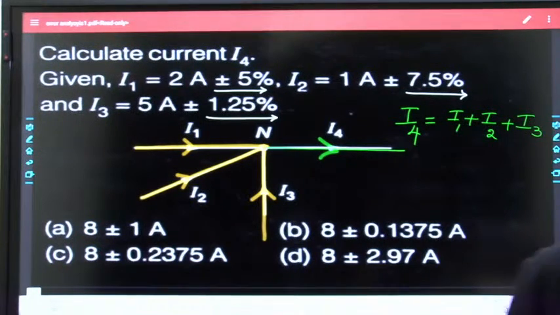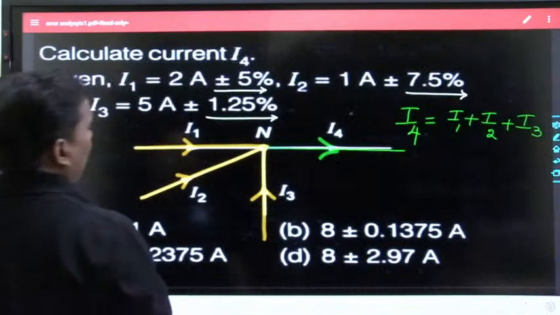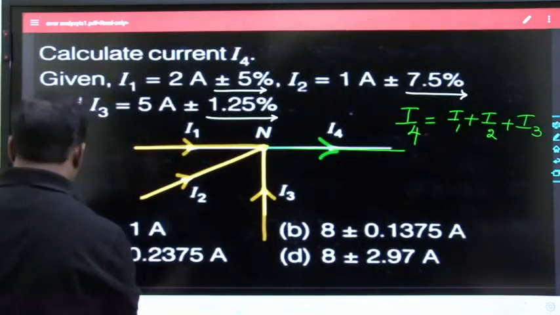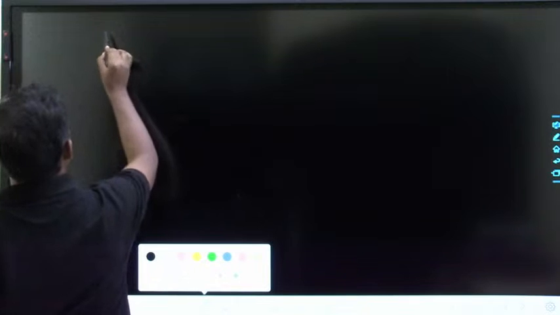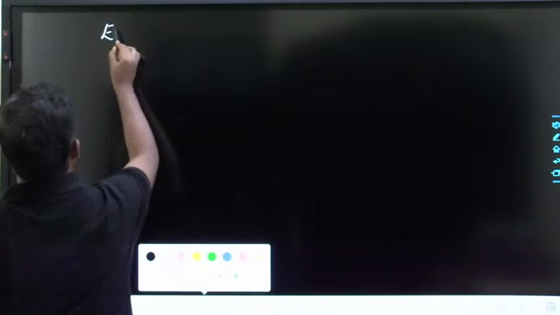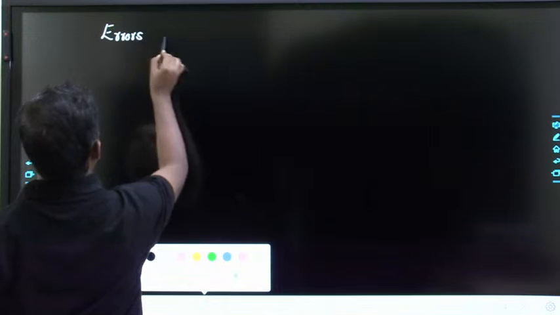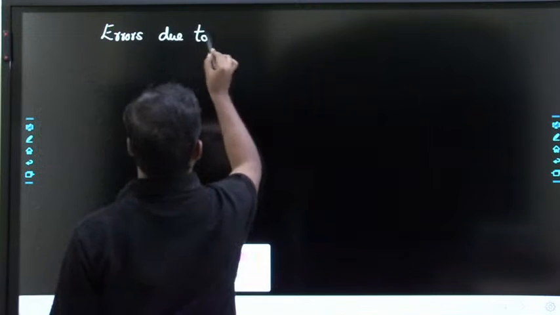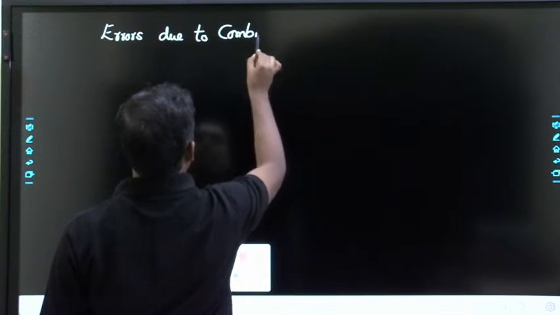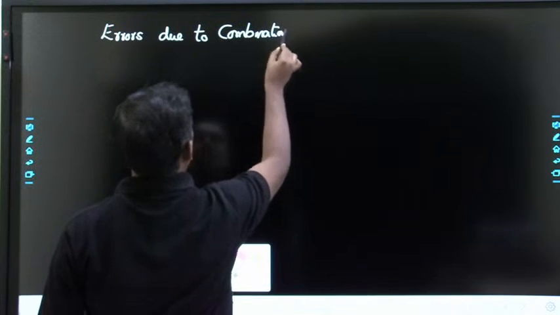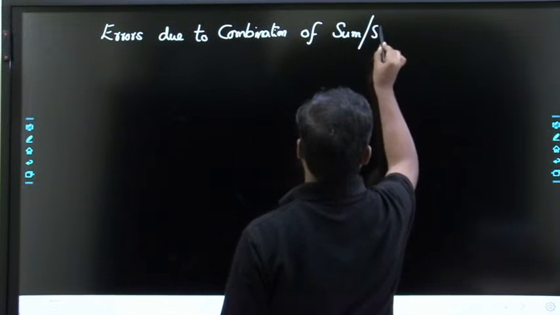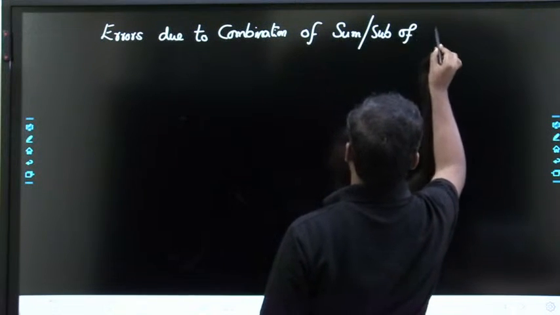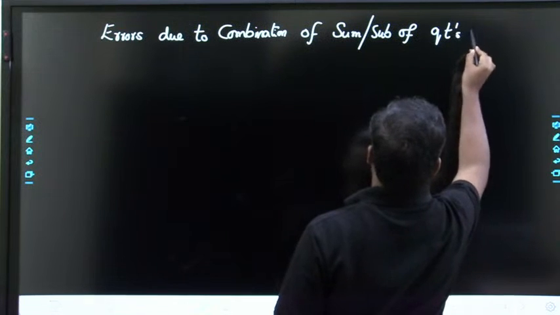Chalo. How to do this? I4 is equal to I1 plus I2 plus I3. So dear students, remember, if you are getting a combination of errors due to a combination of sum or subtraction of quantities, how to do it?